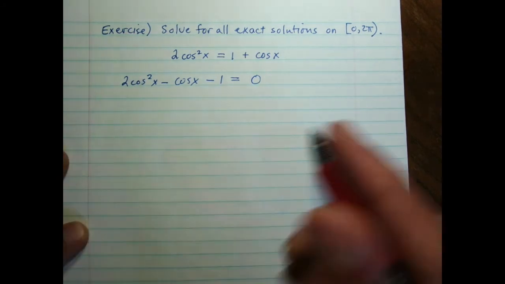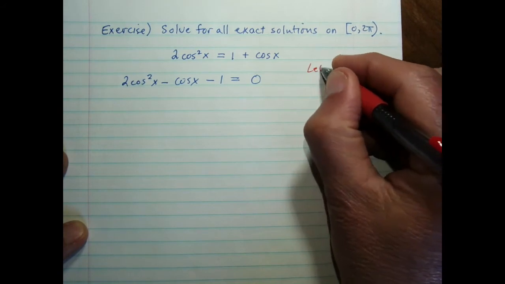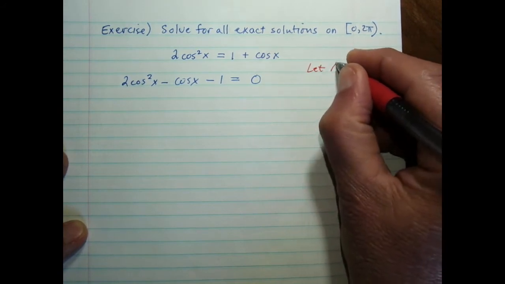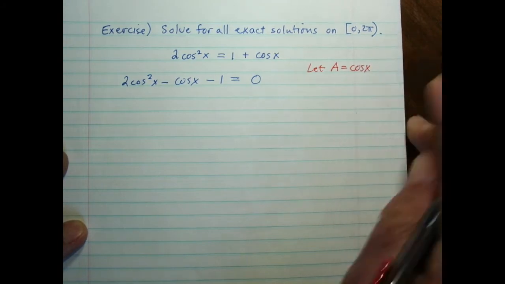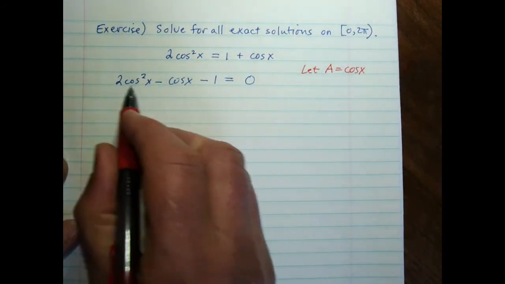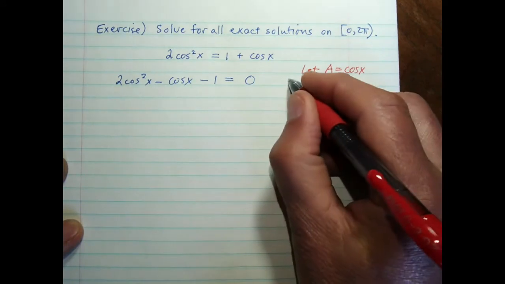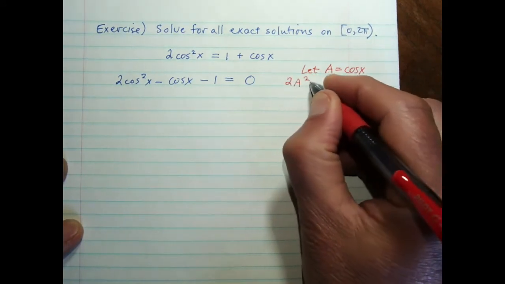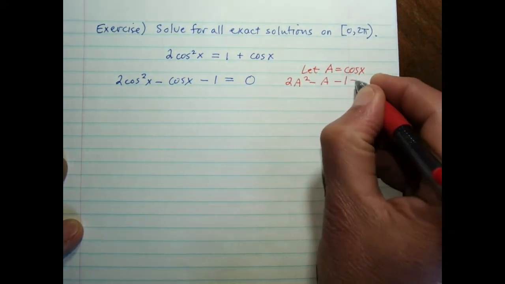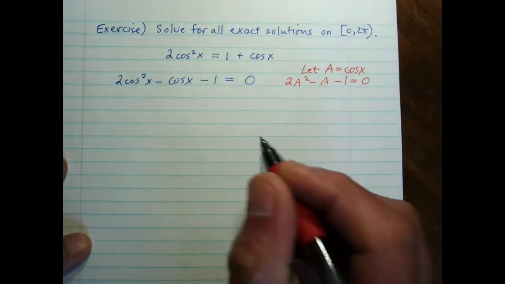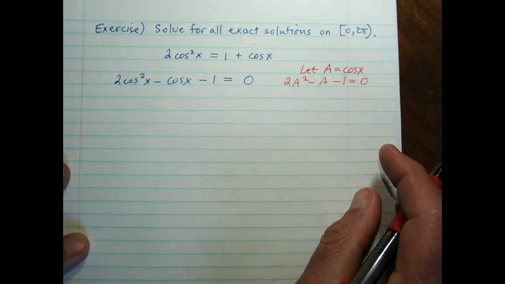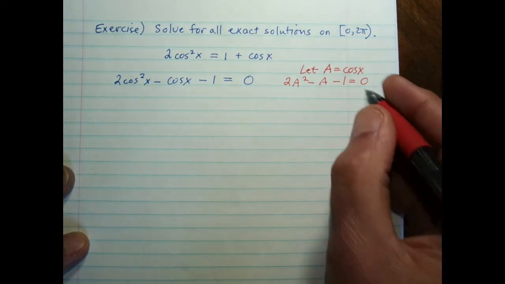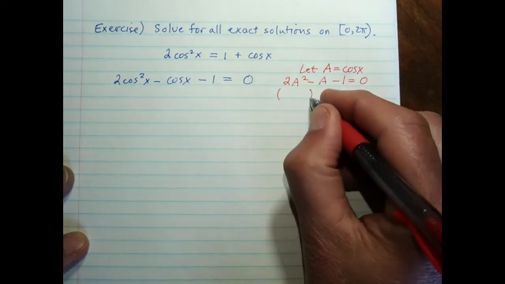Now I'm going to just pick a symbol out of the blue here. If I let a equal cosine x, that equation looks like 2a squared minus a minus 1 equals 0. We say that's a quadratic in cosine. 2a squared minus a minus 1, well, we can try to factor it.